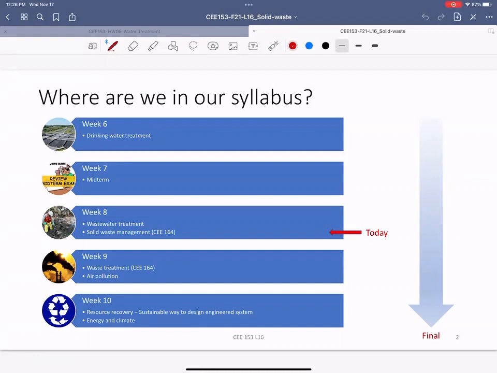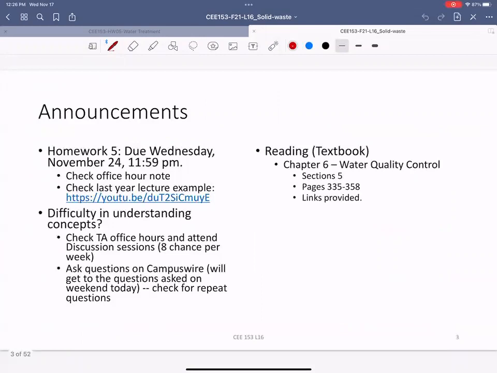You already got the homework questions, and there are some tricky mass balance questions there, but those are explained in the office hour as well as the video from last year. I put those links here, so you can check those mass balances for different locations in wastewater treatment plants. Those are things you need to solve the questions in the homework.